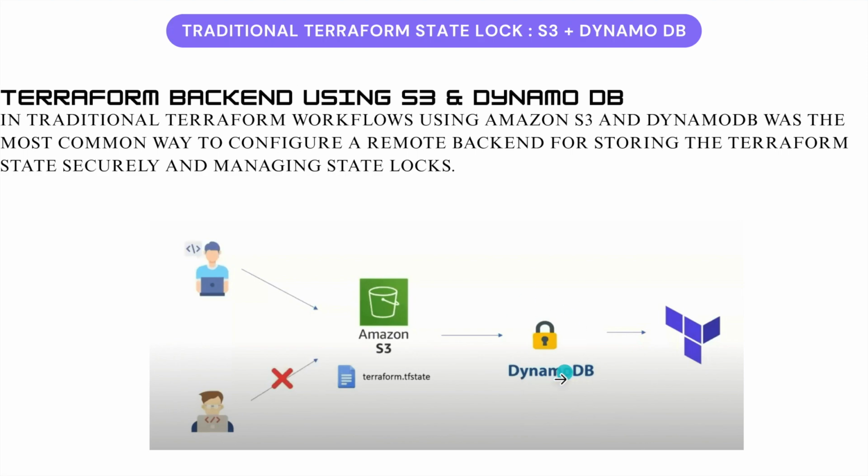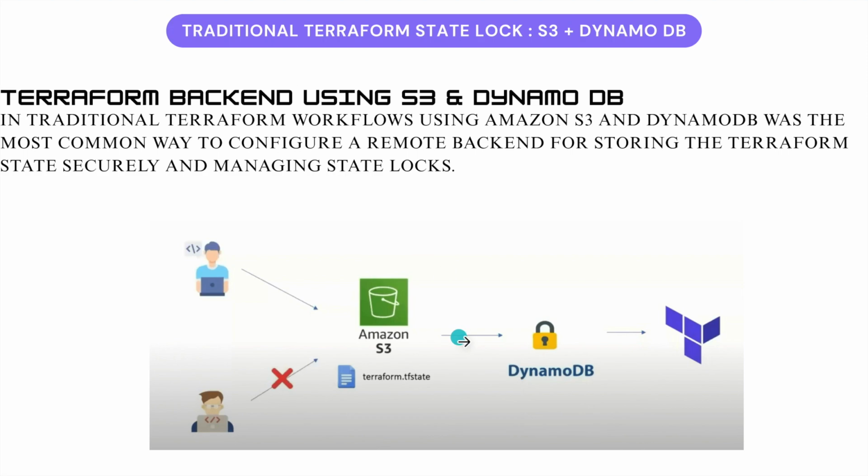And we used to have one DynamoDB where we used to store the state lock files. So why this was required was whenever we have multiple developers accessing the same source code and they are trying to modify the Terraform state files, which is storing the infrastructure state, that is the state of all the infrastructure over the cloud. So if both of them commit at the same time, it used to have conflicts, other race conditions.